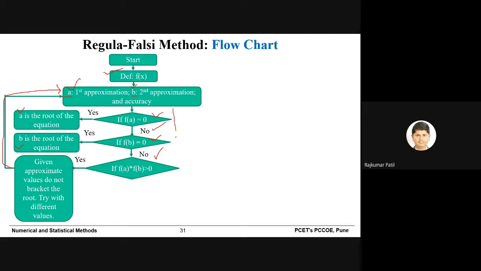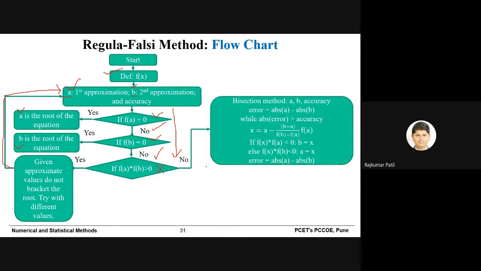Once this particular condition fails, we can say that the root lies between a and b, and by using the regula falsi method and this loop, we can find the approximations and the root of the equation up to the desired level of accuracy.